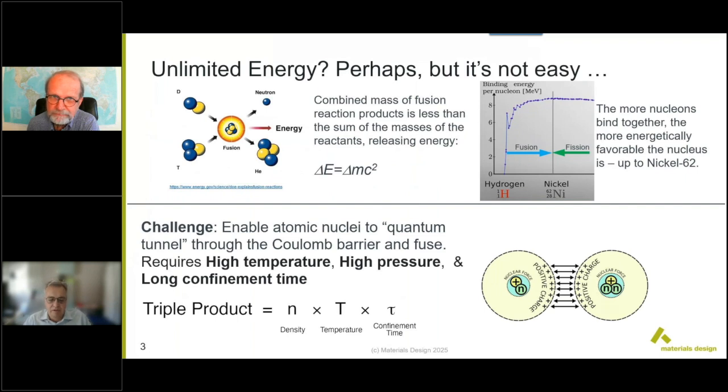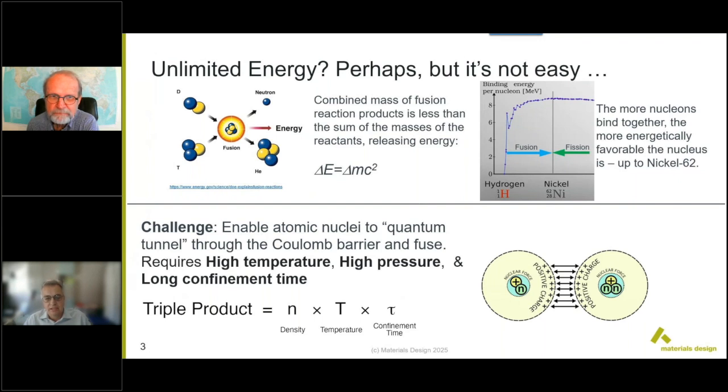You're all familiar, so I won't go into too much detail on what nuclear fusion is. It offers the promise of unlimited energy, but it's not so easy. In the standard fusion approaches used today, you have a deuterium and a tritium atom fusing and releasing a lot of energy, mostly the kinetic energy of a neutron, and they are fused into a helium atom.